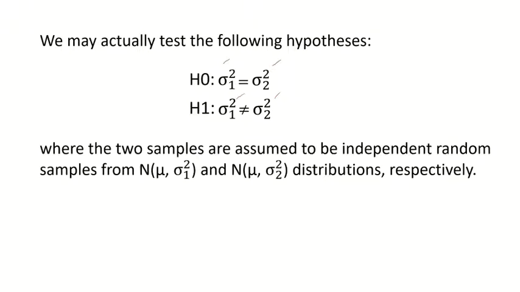So these two populations came from two normally distributed populations, but this time we are testing a hypothesis with regards to the equality of their variances instead of their means.